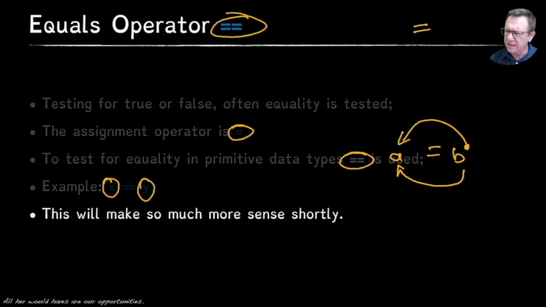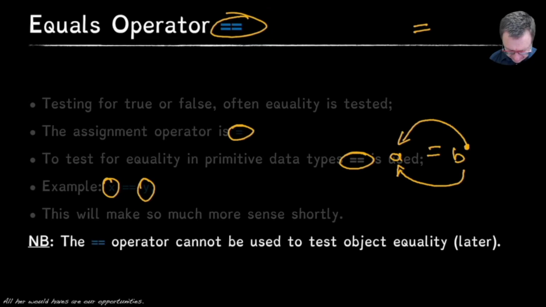And this is going to make a whole lot of sense really shortly. Now, when we're testing objects, which we'll talk about later, we can't use that. We'll use what's called the equals method, but we will cover that as we go.